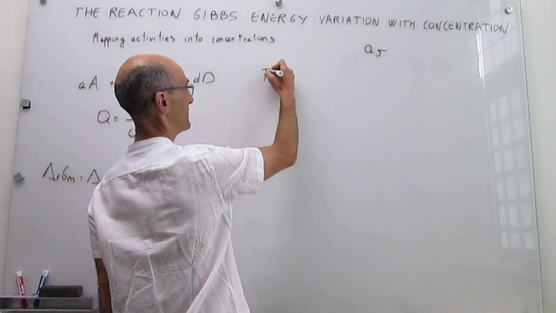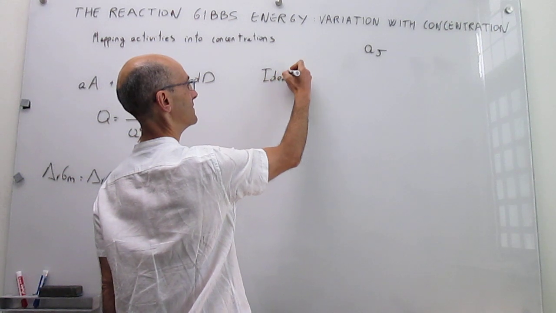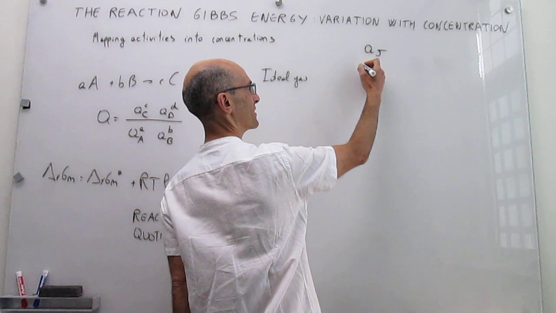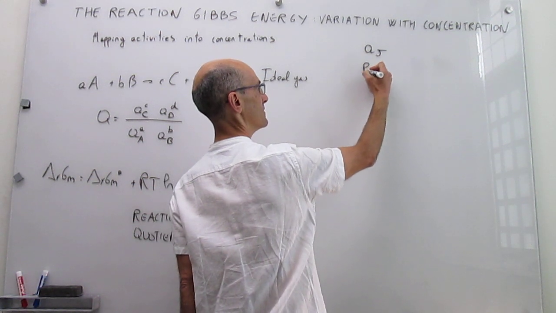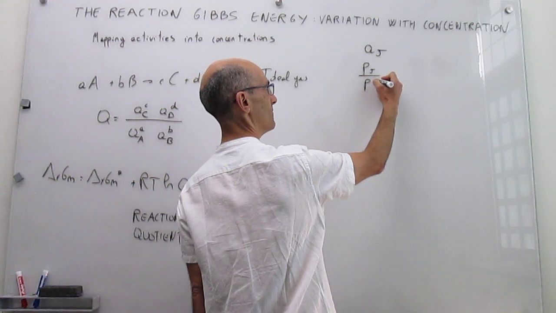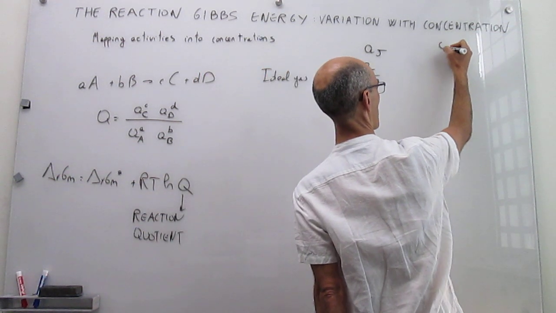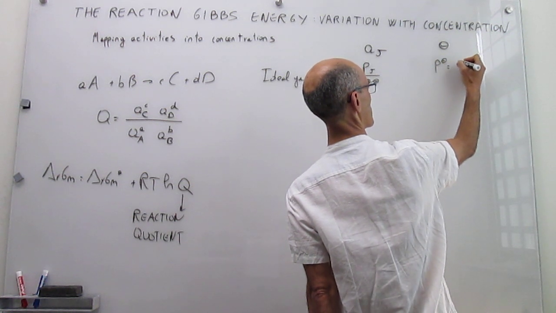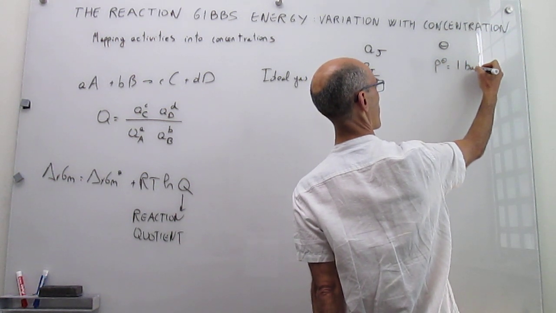So if this is an ideal gas, the way that you write the activity is simply the partial pressure of that component over the pressure of the standard state. Here we're going to write what the reference or standard state is. That pressure of the standard state is 1 bar, by definition.